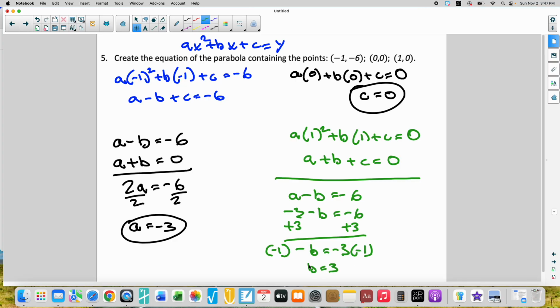B equals 3. So my equation is going to be y equals negative 3x squared plus 3x. And that's it, because c is 0, and you wouldn't say plus 0. So there's your equation for that parabola.